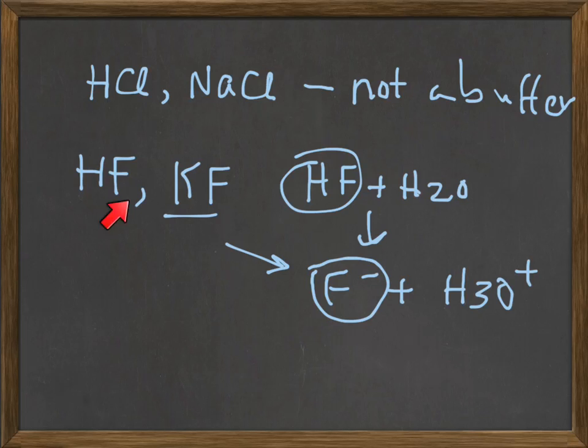The relationship between these two is that we've taken the hydrogen off and exchanged it for a metal. Do you see that? With the sodium acetate, we did the same thing. So we had acetic acid and sodium acetate.